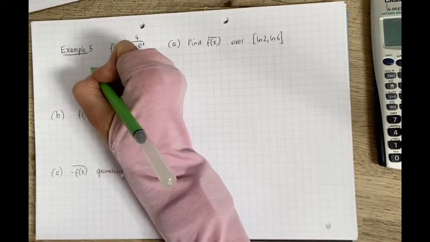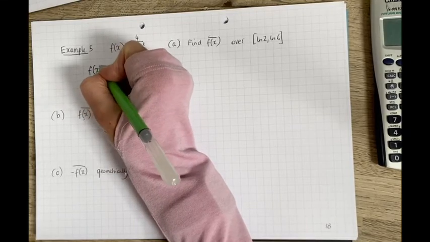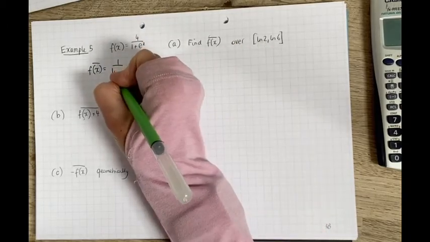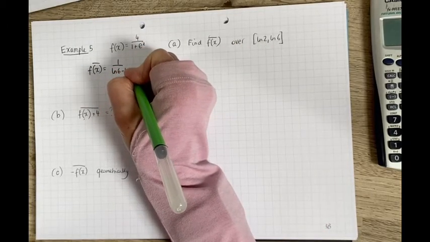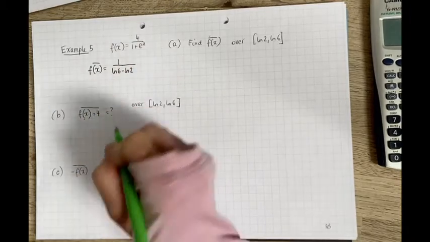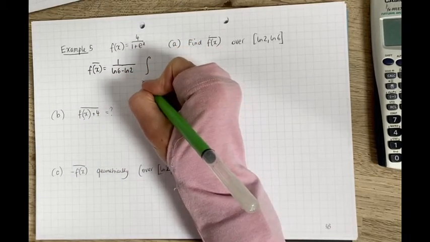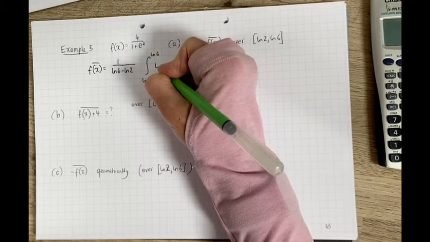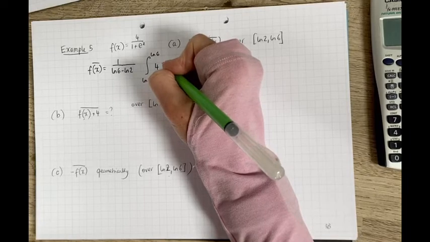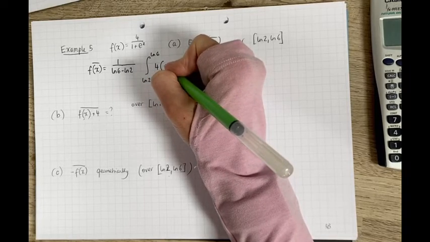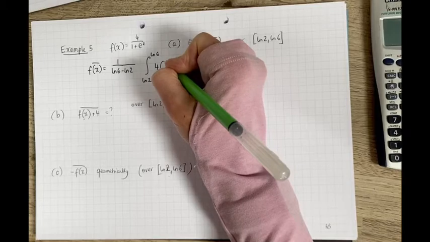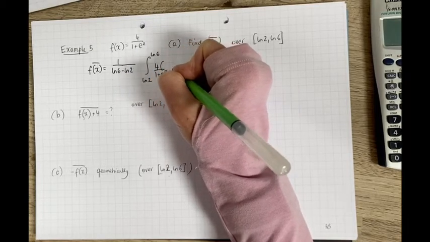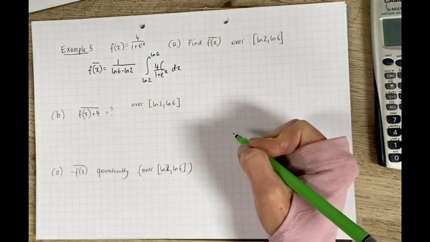So f bar is going to be, first of all, we've got to put 1 over ln6 minus ln2 in front of the integral with the limits ln2, ln6 of 4 over 1 plus e to the power of x dx.